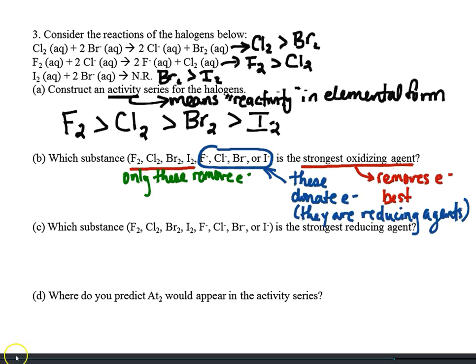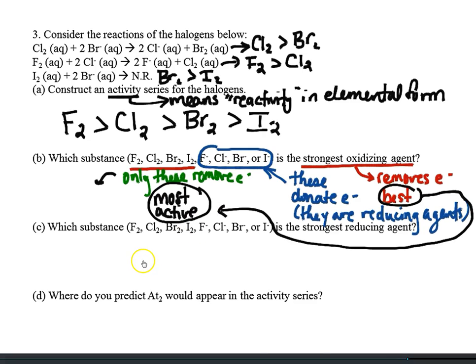Reducing agents are going to be anything that gives away its electrons, and so that would be the anion forms. So the best is going to be the most active, which is fluorine, for part B. For part C, the most unstable anion is going to have a conjugate that is the most stable element.